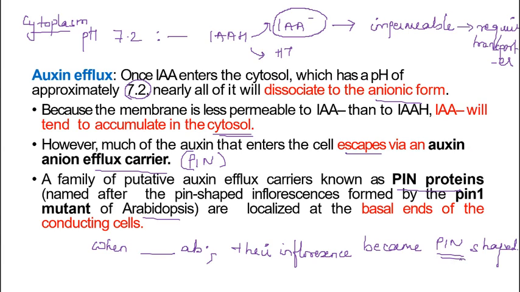In the normal situation, the shape of the inflorescence is something else. But when that particular protein, whose name they didn't know, was absent, the inflorescence became pin shaped. So they named that protein the PIN protein. So again, a question comes from here as well.